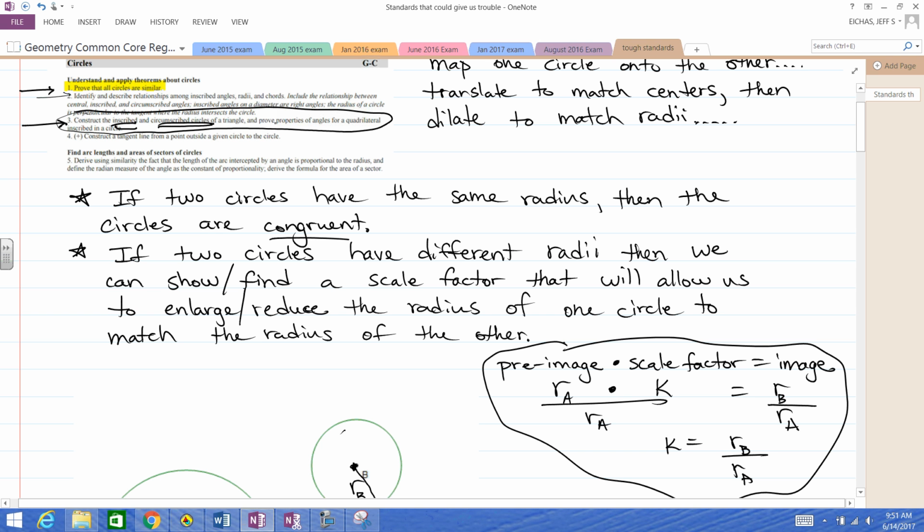Then we can talk about the properties of angles for a quadrilateral that's inscribed in a circle. I'll use Geometry Sketchpad to demonstrate these. It's going to be pretty tricky, but let me just list some of the things in here about inscribed and circumscribed circles of a triangle.